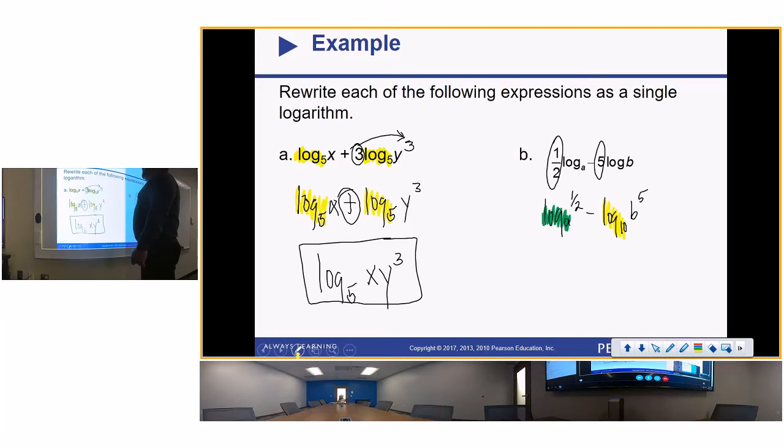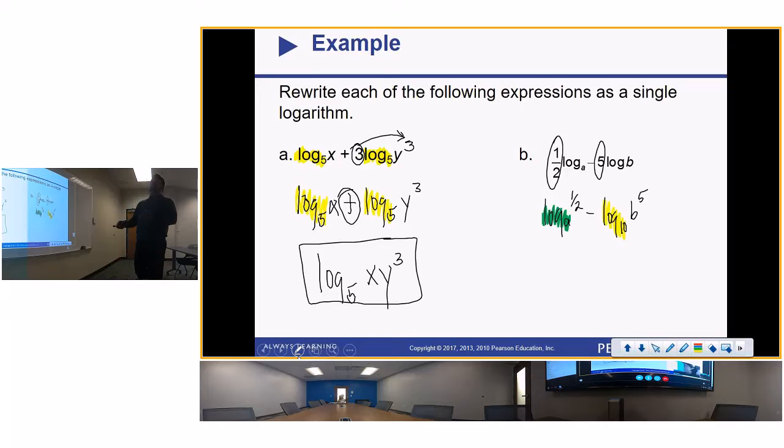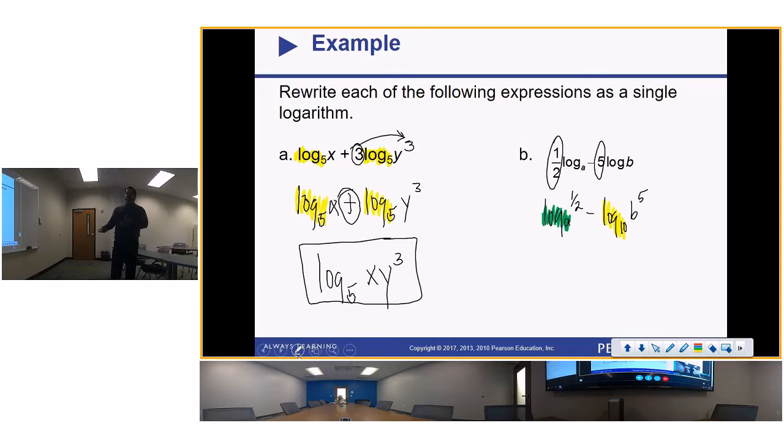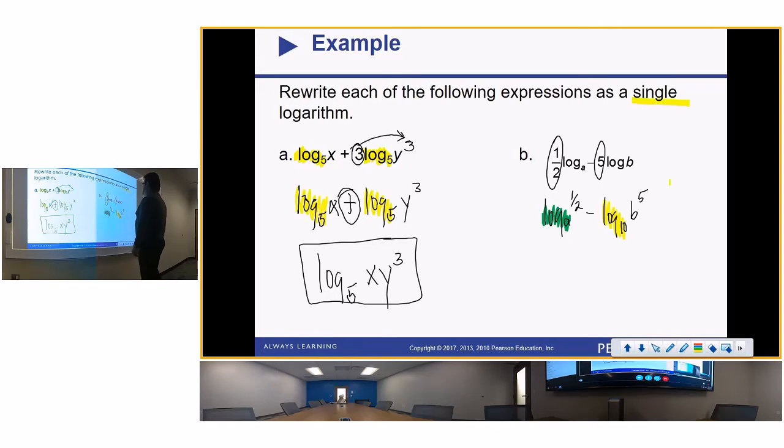What I mean by the same bases is log and the base, okay? Log and the base. That means the same base. So basically that's as far as we can go unless they want to use the change base formula, and that's going to be a cluster because that's going to be log of 1/2 over the log of A, which really doesn't simplify anything.